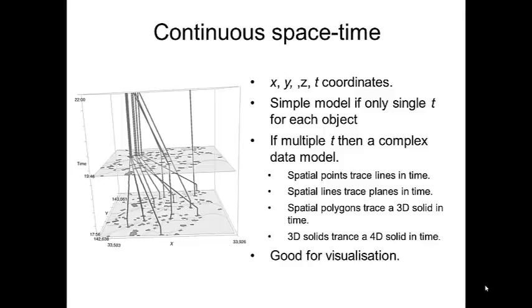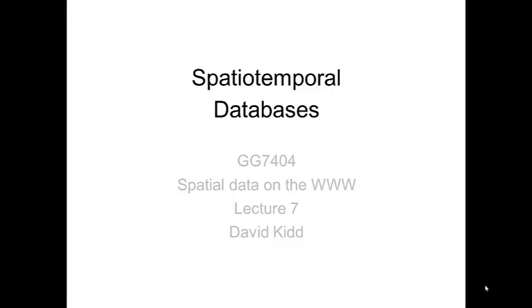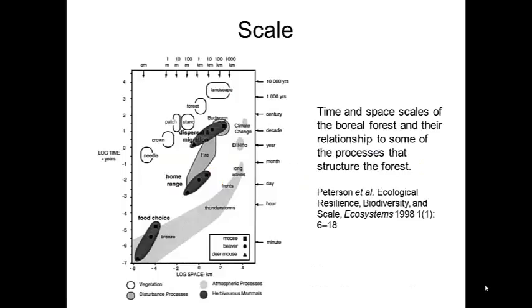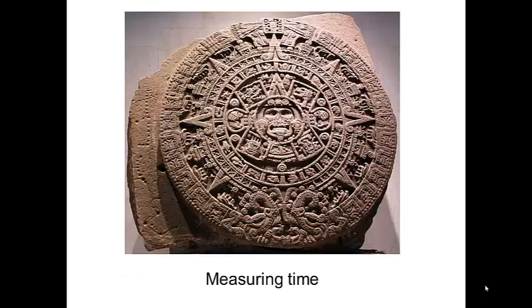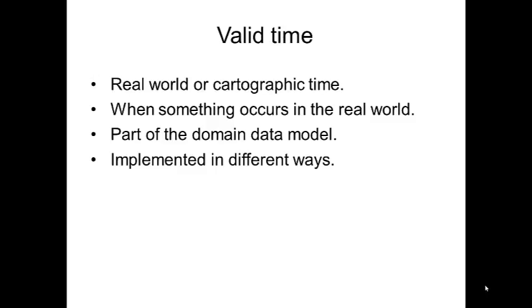Now, my second one I've called continuous space-time. You may see this called a space-time box or a space-time cube. But to me, a space-time cube is just a way of displaying the information and not an inherent data structure in itself.